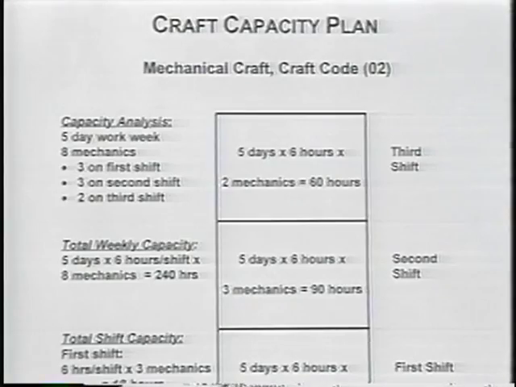We have a 5-day week with 8 mechanics. These mechanics are working 3 on the first shift, 3 on the second shift, and 2 on the third shift. Now, moving down along the left-hand side, we're going to develop the capacity requirements for those 3 shifts. So we go through the calculation. We're basically showing you how to do this.